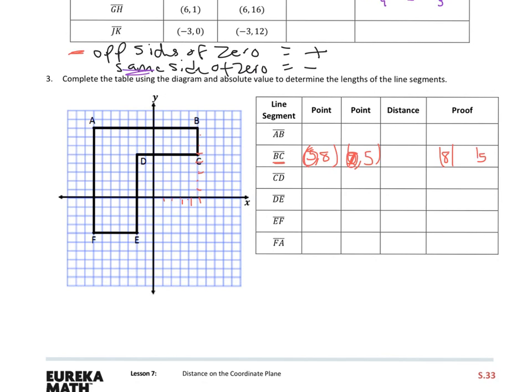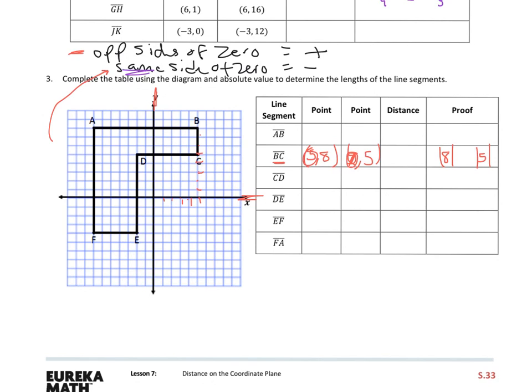And I need to find my absolute values of those. Now looking back up, we said same side of 0, meaning are they the same sign? Are they negatives or are they positives? And when we look at the coordinate plane, are they crossing over an axis line? Meaning, are they crossing the x or the y?